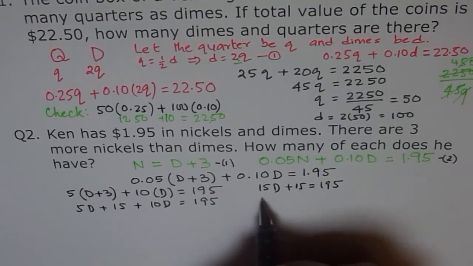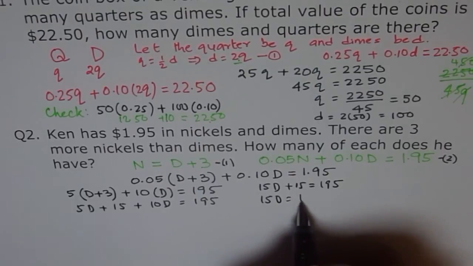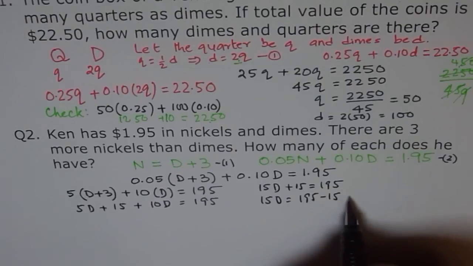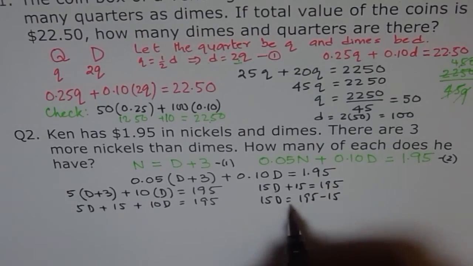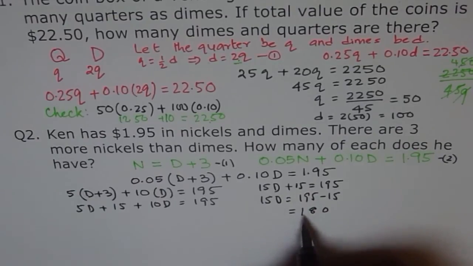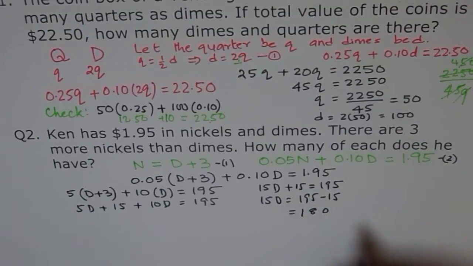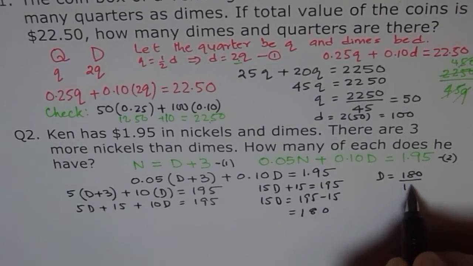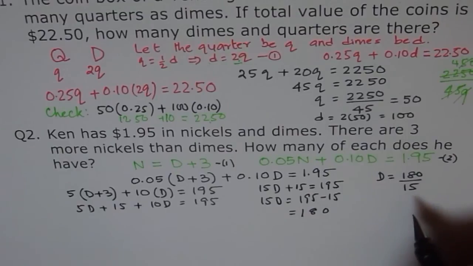So 15d is equal to 195 minus 15, which is how much? 195 minus 15. 5 take away 5 is 0, 9 take away 1 is 8, and 180, correct? And which implies d is equal to how much? 180 divided by 15. So can you divide?